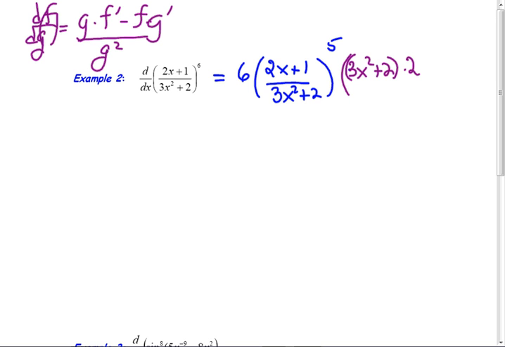Now, it's division, quotient rule, so it's minus. Some of you think it's plus. You have to memorize it. Then it's the denominator times the derivative of the numerator minus the numerator times the derivative of the denominator, which is, what's the derivative of this guy? 6x. All over the denominator squared. Never square that out. And there's no point in simplifying it.